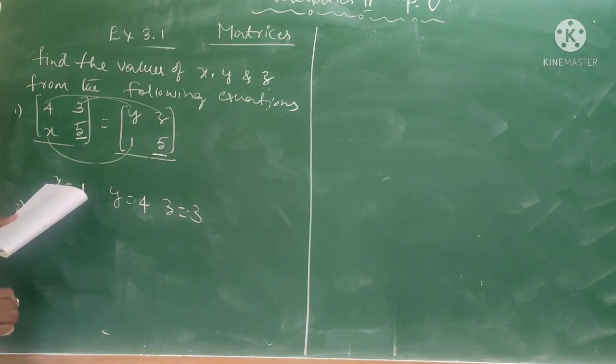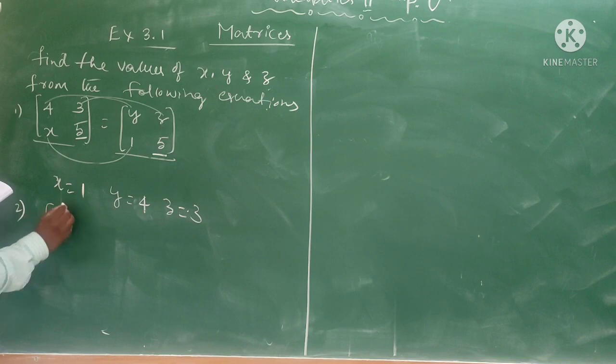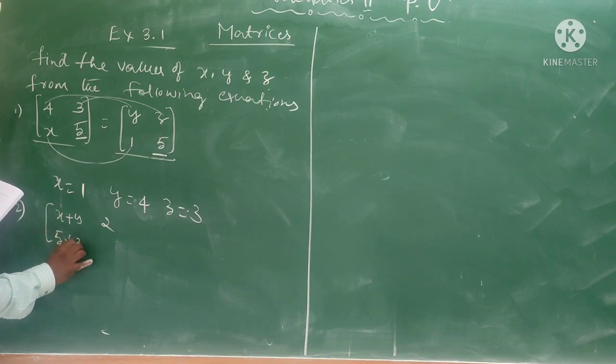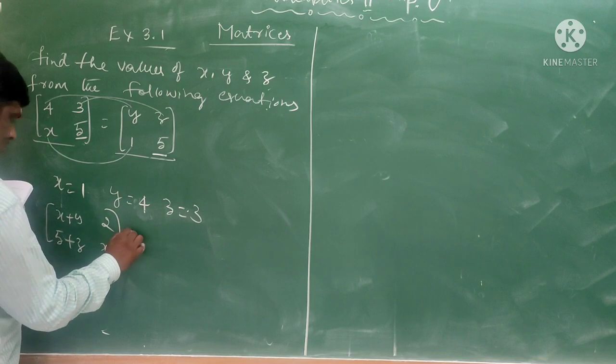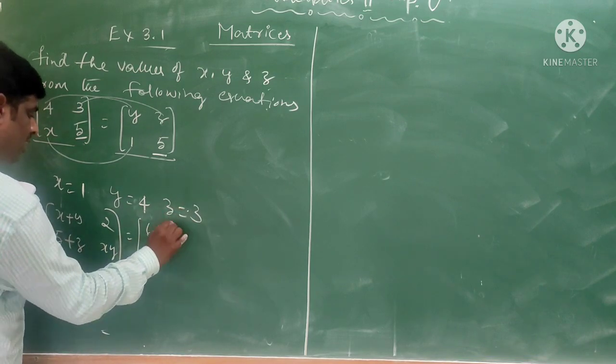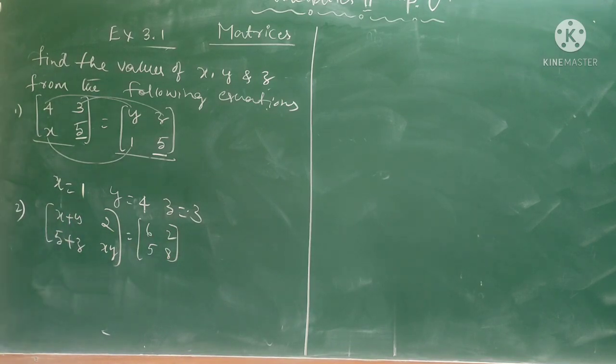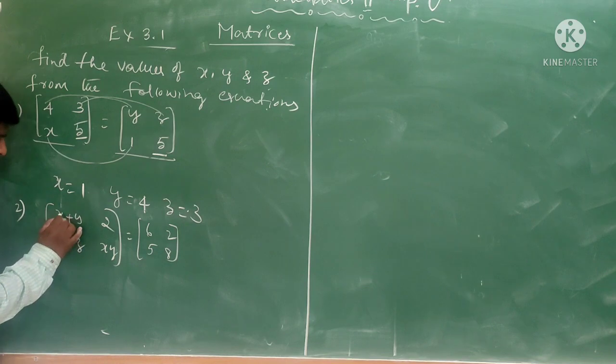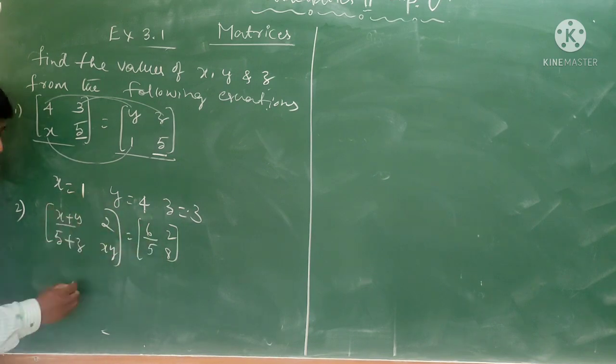Next, second question: x plus y, 2, 5 plus z, xy is equal to 6, 2, 5, 8. Dear children, here corresponding elements are equal.